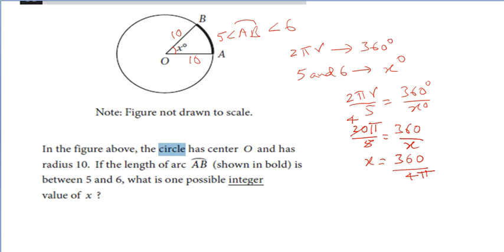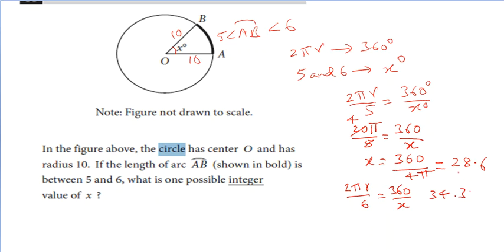So this answer is equal to 28.6. Similarly, if we take 2 pi r over 6 equal to 360 over x, you would get x to be equal to 34.3.